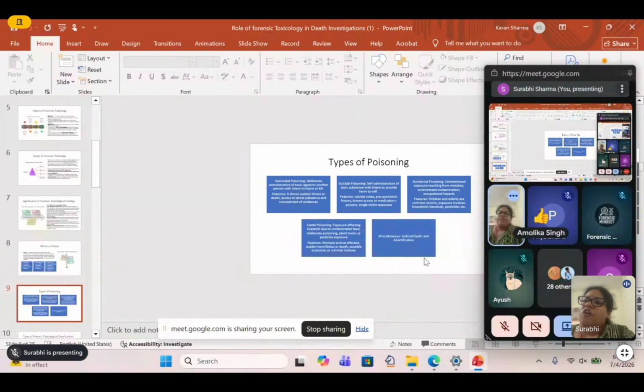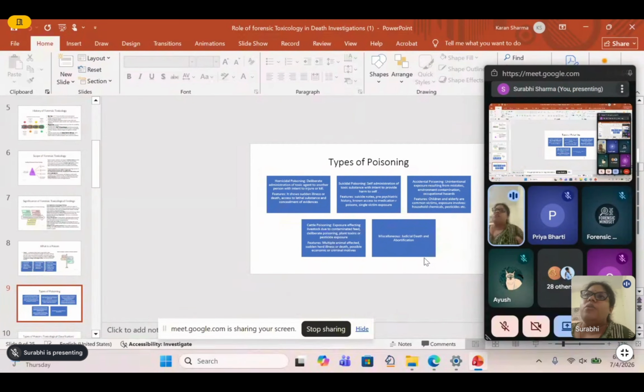Then we have types of poisoning, which is homicidal poisoning. Homicidal poisoning is a poisoning which is a deliberate administration of a toxic agent. Like if you poison someone, if you know that particular thing will cause death to the person, and you have given it to that person, it is known as homicidal poisoning. A very common example for this is Jamal Gota, which is again a kind of plant poison.